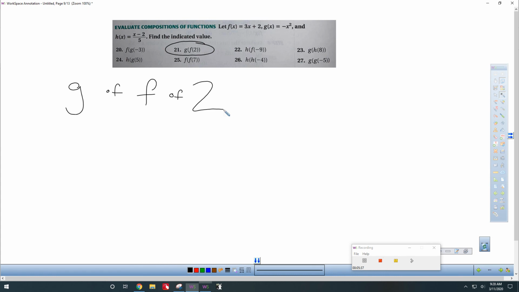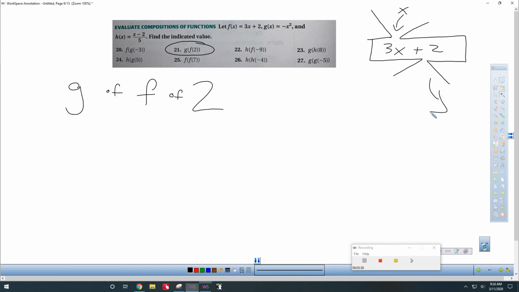So f of x is a machine, and this particular machine, you put an x into the top of the machine, it puts it into that equation, and it spits something out. So if you put in a 2, 3 times 2 is 6, 6 plus 2 is 8, f of 2 equals 8. F of 2 is 8.